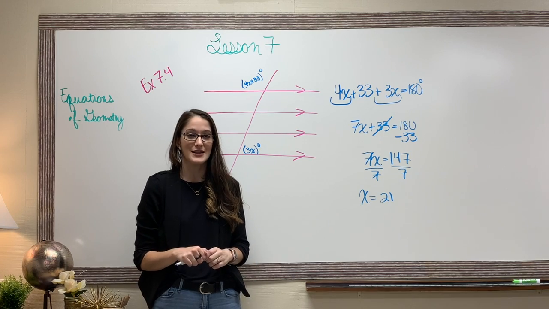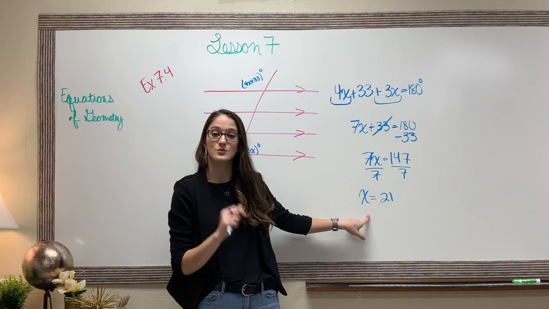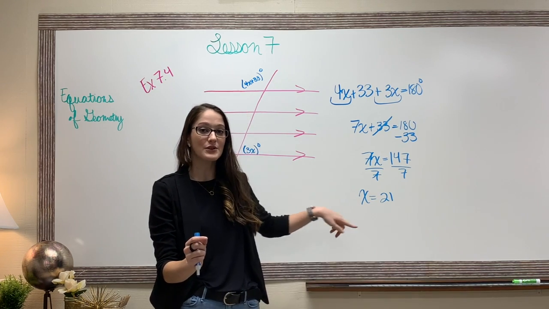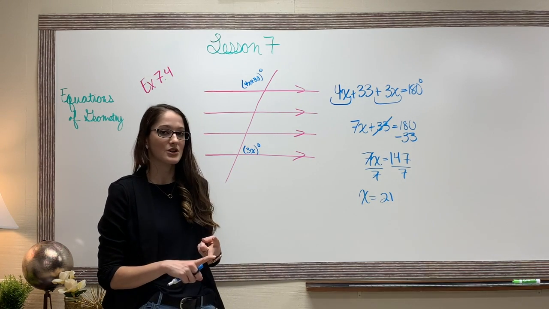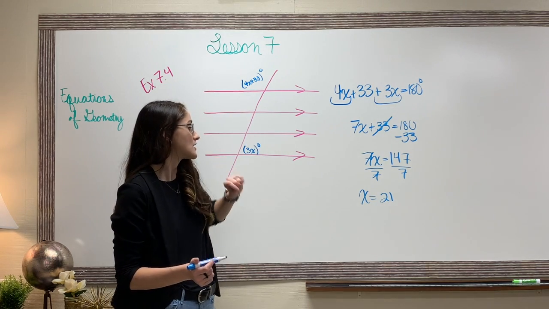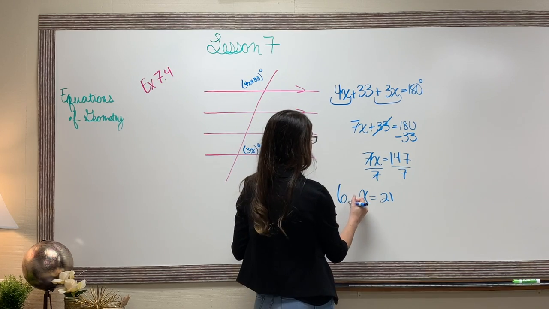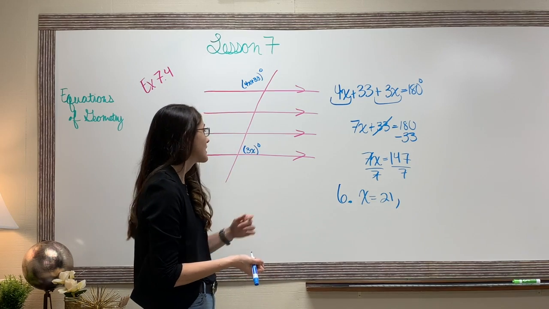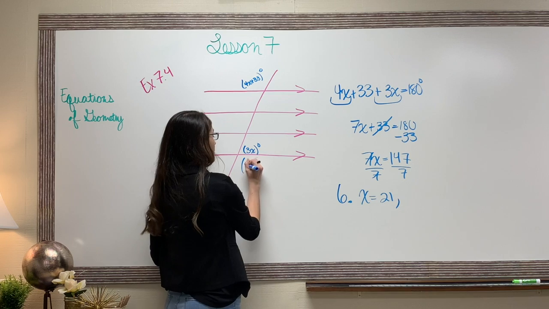Okay, so now I want to go back to my problem and read again what the book is asking me to do. First thing it wants me to do is find the measure of x, which I did, so check, that part's done. But then it goes one step further in this example and it says, find the measure of the smaller angle and the larger angle, which we know as the acute angle and the obtuse angle. So, let's say this was problem number 6 on our homework. First thing I'm going to do is write x equals 21. And then I'm going to take 21 and plug it in right here.